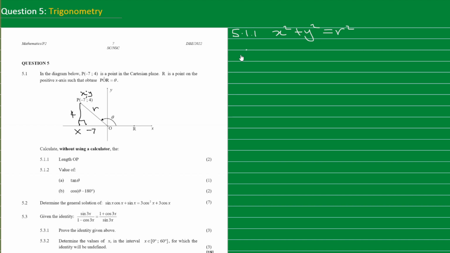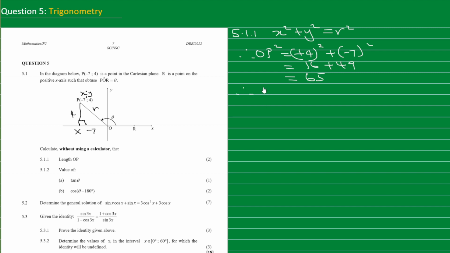So we can say therefore OP squared is equal to (-7) squared plus 4 squared, which gives 49 plus 16, and that will give us 65.